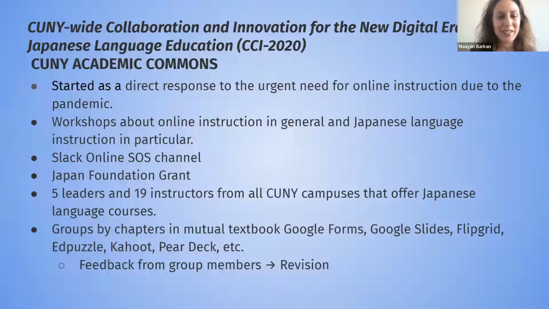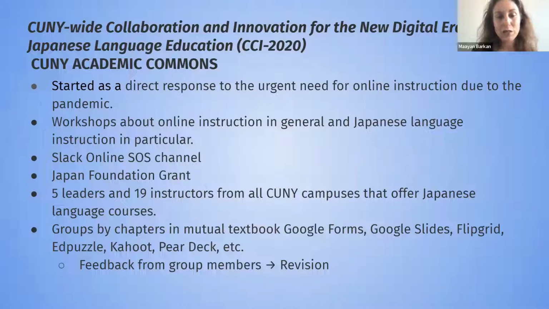So we started the project. We had 5 leaders, the 4 Japanese program directors in Lehman, Baruch, Hunter, and LaGuardia, and Kazuko Saito, who started all of that, and 19 instructors from all CUNY campuses that offer Japanese language courses.